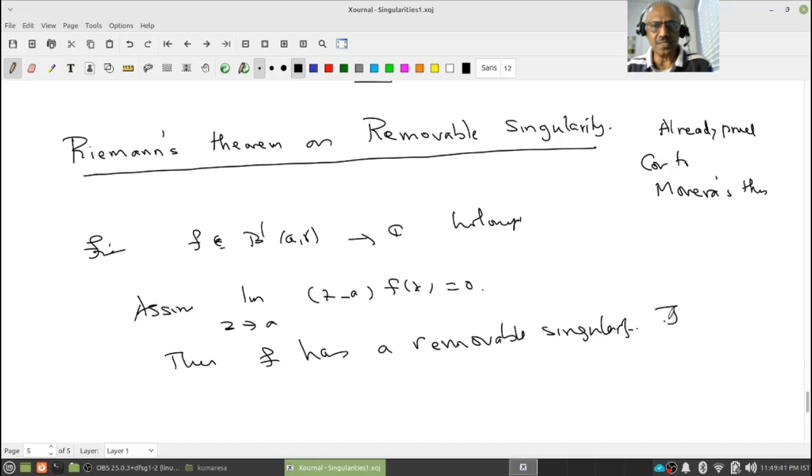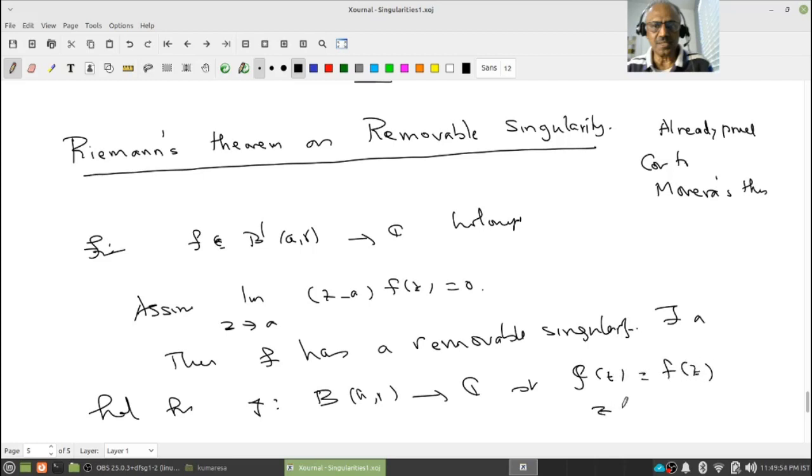In fact, there exists a holomorphic function g from B(a, r) to C so that g of z equals f of z for z in B'(a, r), z not equal to a. That is, it is actually a restriction of a genuine holomorphic function. It's just that we did not know how to define f of a perhaps. That is why we thought it is a singularity. Is the theorem clear?